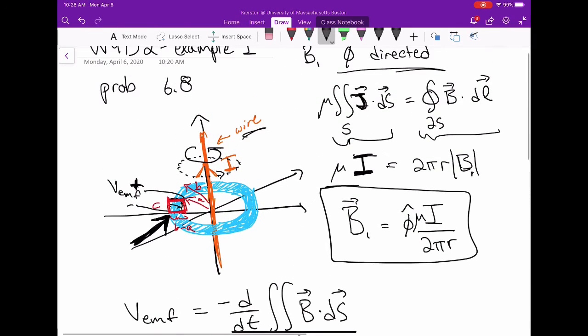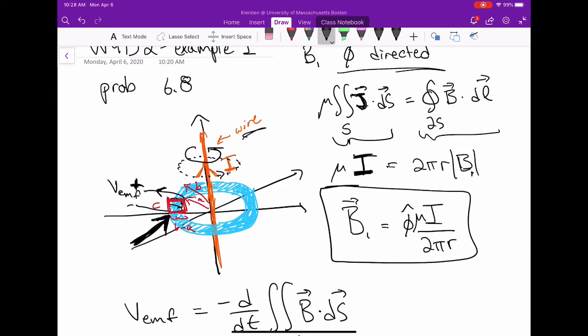And let's choose our surface direction. Let's see, our direction needs to go from the positive terminal to the negative terminal, right?